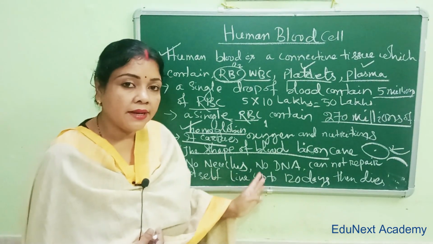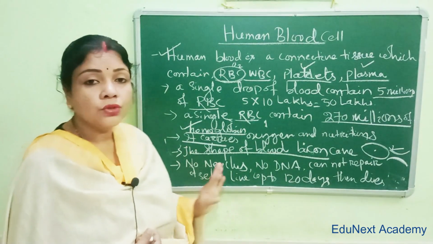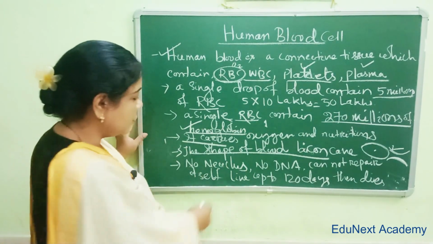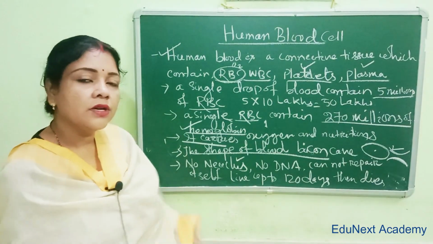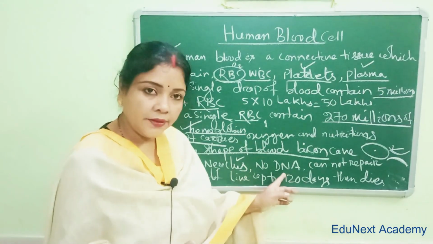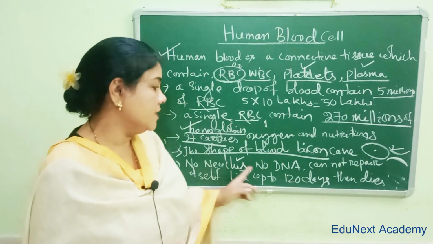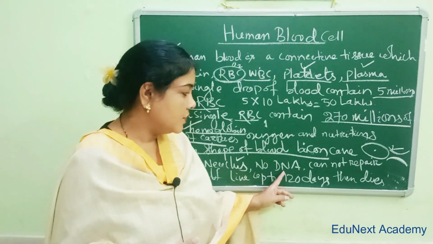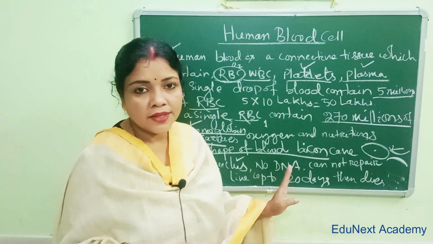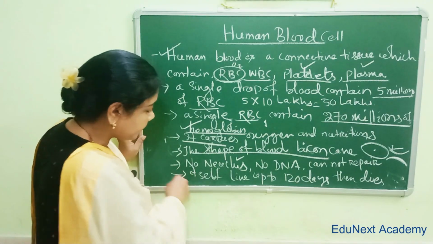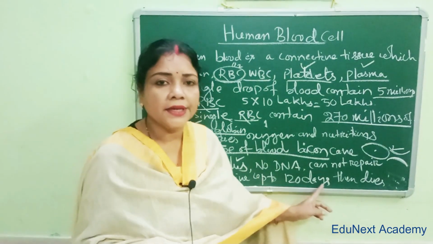But one interesting fact is that there is no nucleus. Though it is a cell, there is no nucleus. The nucleus is the master of the cell, which controls every part and also contains DNA. So in the absence of a nucleus, there is an absence of DNA, and so it cannot repair itself. It has to die, and every blood cell lives up to 120 days.